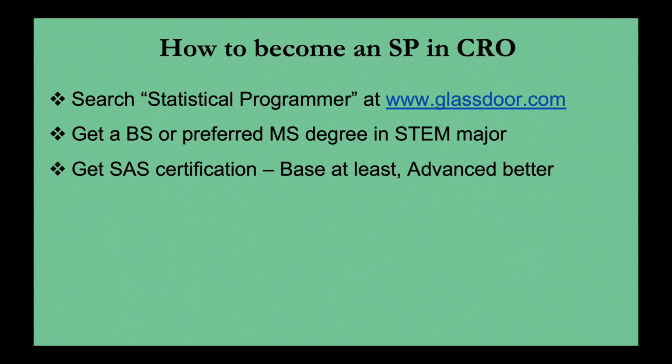And then you might need to get SAS certifications, and the base certification is minimal, and advanced is recommended. So currently most graduate students usually got those two certifications before they get a job. So try your best to get certifications from SAS.